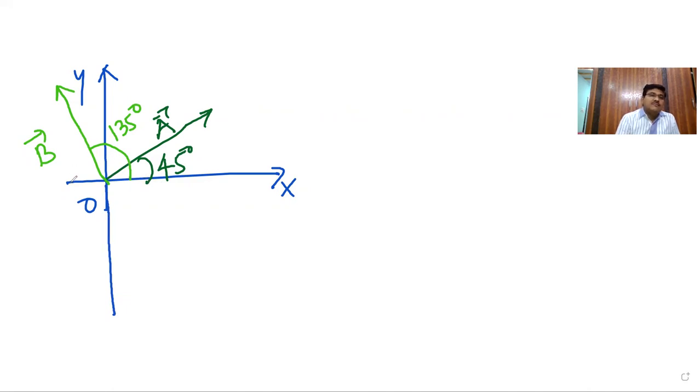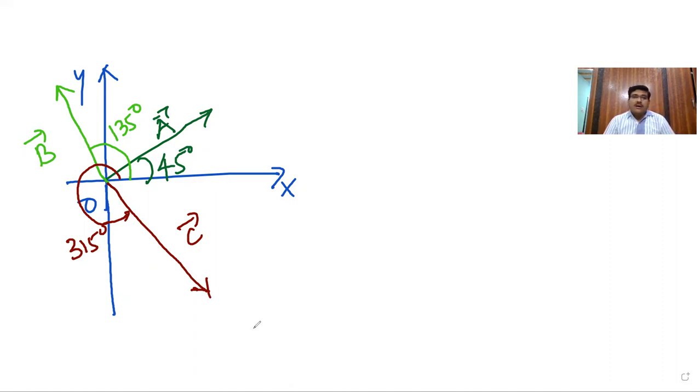This is 90, this is 180, this is 270, and 270 plus 45 means it is 315. This is the C bar vector. The entire angle with respect to x-axis is totally 315 degrees. Clear? A bar, B bar, C bar are making 45, 135, and 315 with respect to x-axis.